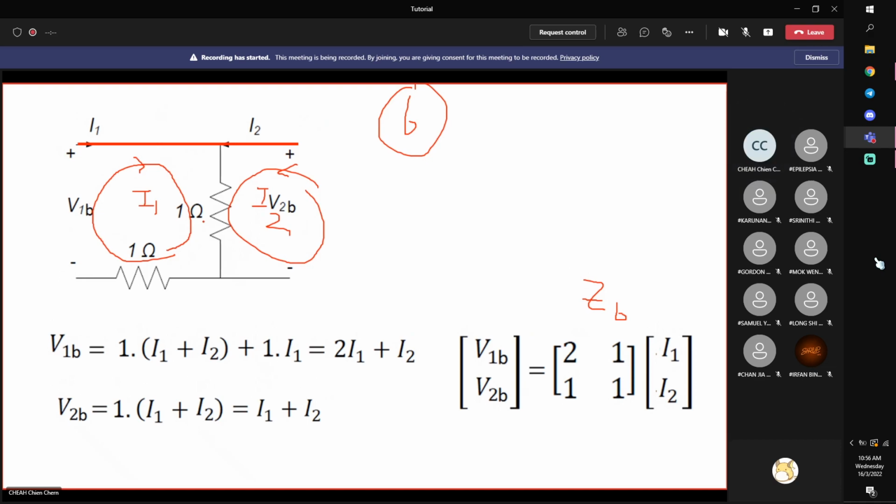V1B is equal to the current flowing through this resistor, which is I1 plus I2, multiplied by 1 ohm, which is the voltage across it. And the voltage across here is only I1, so 1 times I1. Add them up: 2I1 plus I2. Here, V2B is equal to this voltage, which is the same, a common branch. I have I1 plus I2, so therefore I get ZB.